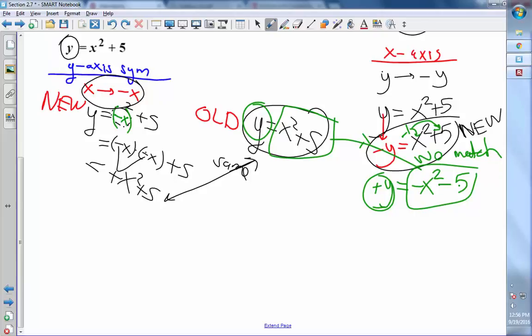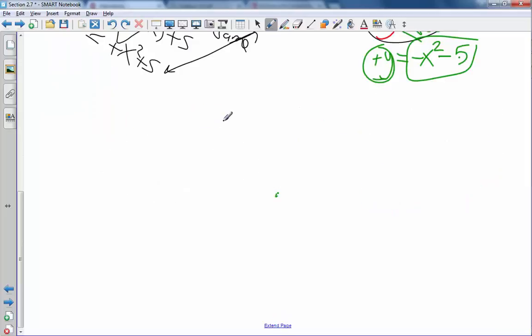Alright, usually you only have one type of symmetry. The other two are never going to happen, but I just want to do the job and test the last one. How about the third case? Origin symmetry. In origin symmetry, we flip x by minus x and y by minus y.